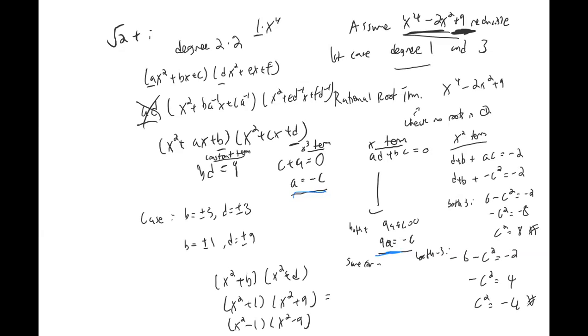And sure enough, it doesn't, right? X to the 4th plus 10x squared already doesn't match, and x to the 4th minus 10x squared already doesn't match the negative 2 here. So you see, this thing is irreducible.